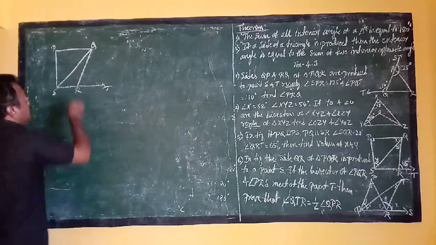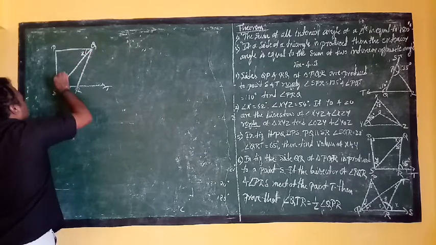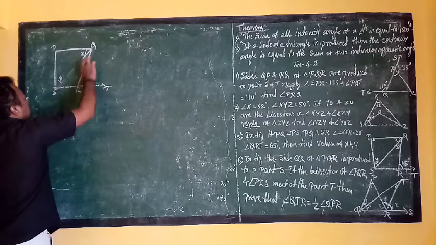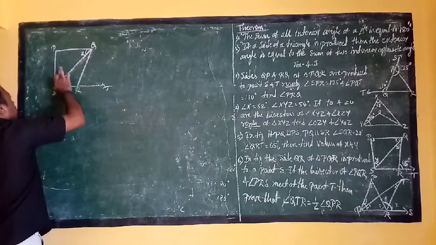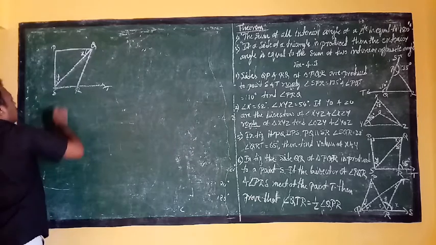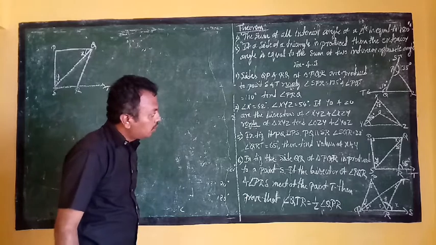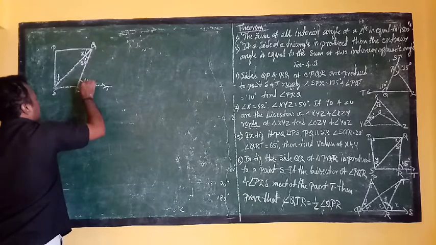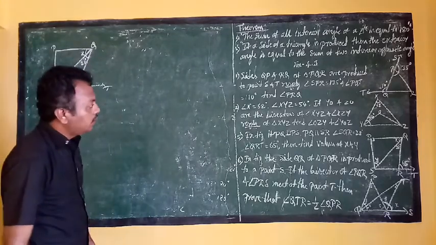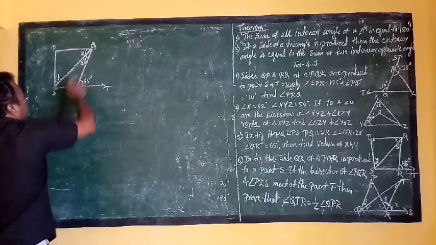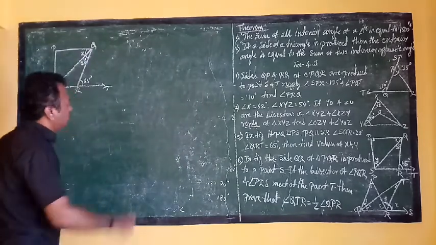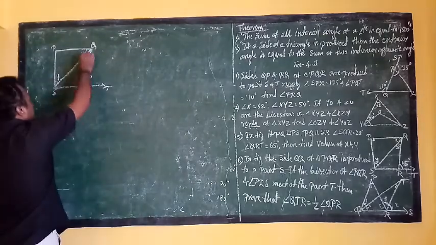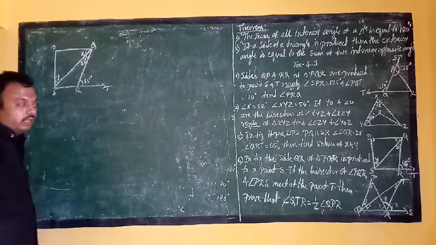So this is X and this is Y. Then another one, this is 28 degrees and this is 65 degrees. See students, SQR is 28 degrees and QRT is 65 degrees. Find the value of X and Y. These two angles we want to find out.